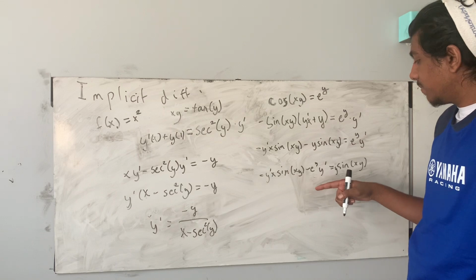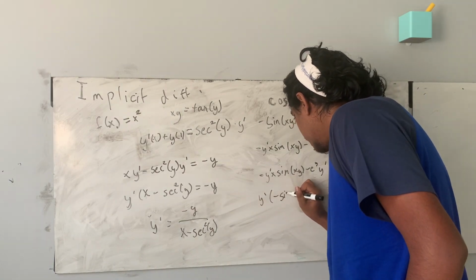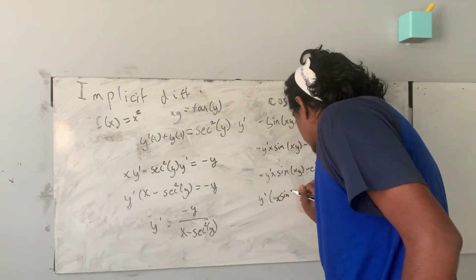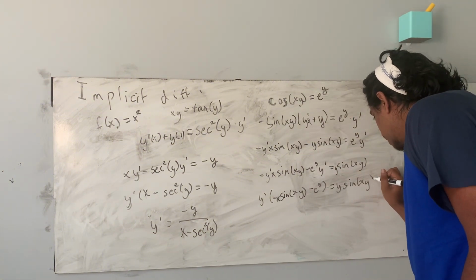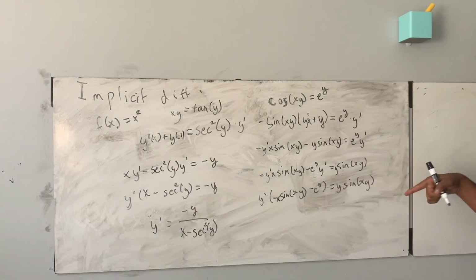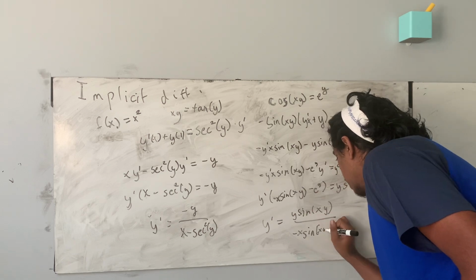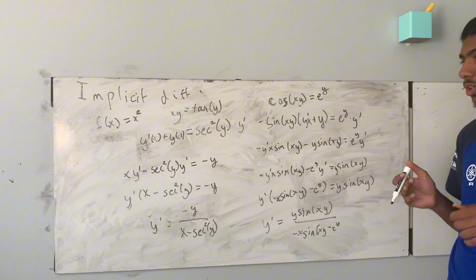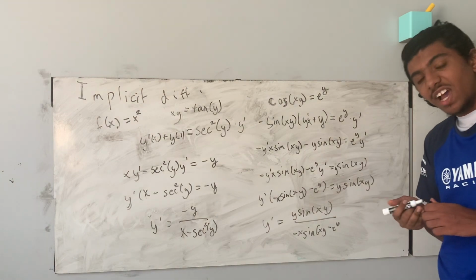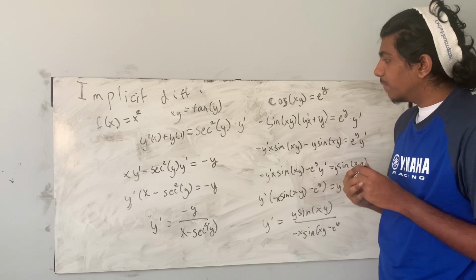Factor out a y prime, and we get y prime times negative x sine of xy minus e to the y, and then we just divide that over and we have y prime. And that's it. What you're doing is just bringing down a chaperone and then finding what that chaperone is. That's all this is.